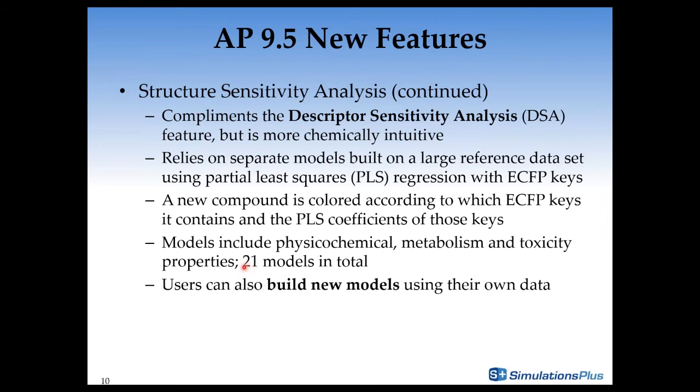We have, I think, 21 total models that we distribute. They cover the PCB, metabolism, and toxicity modules, and users can also build their own models with their own data. And I will give a demonstration of that shortly.